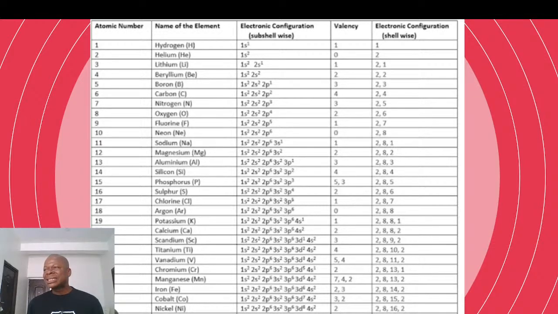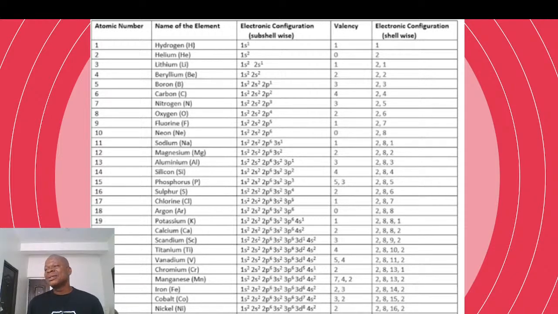Now, if you are to look at the electronic configuration under the subshell, you're going to have 1s2, 2s2, 2p6, 3s2, and 3p1.